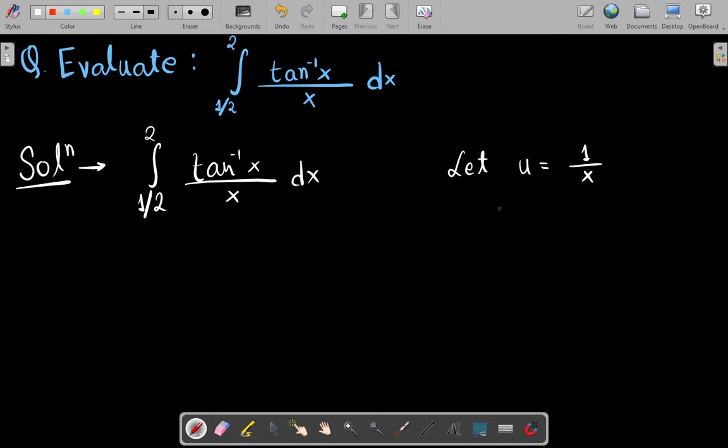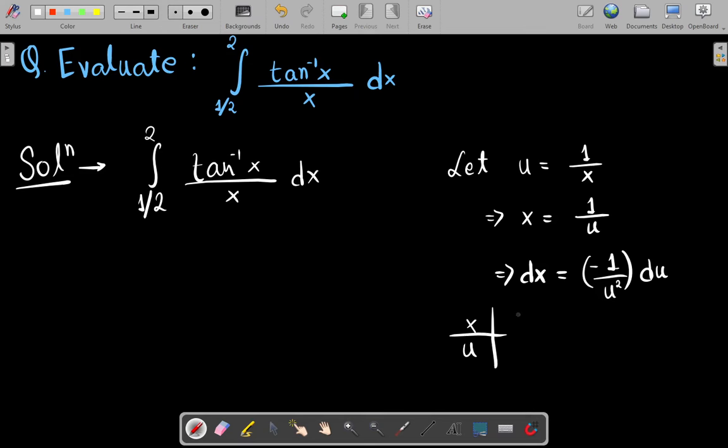From u equal to 1 by x, we get x equal to 1 by u, so dx will be equal to minus 1 upon u square times du. And when x is half, 1 by half becomes 2, and when x is 2, 1 by 2 becomes half.